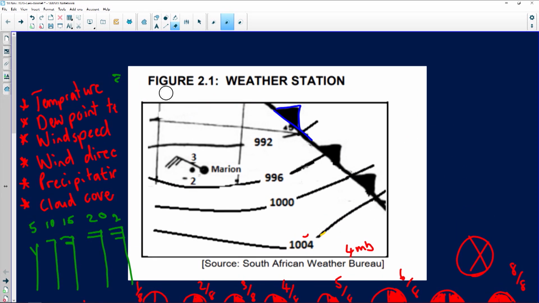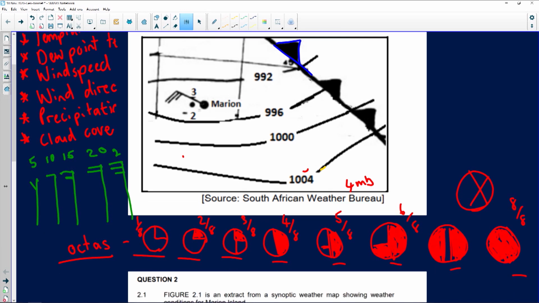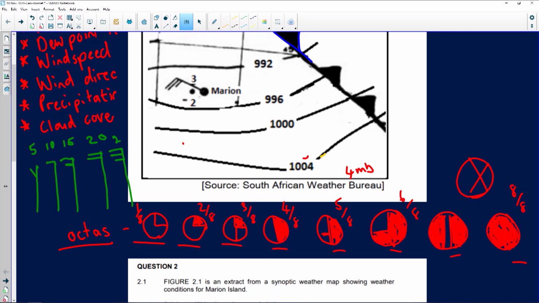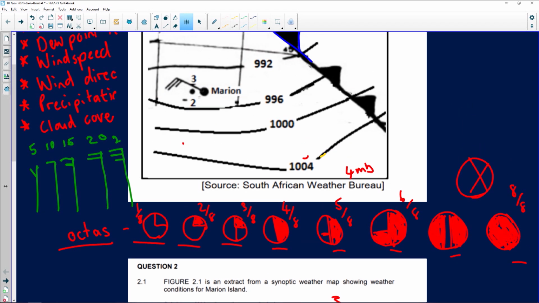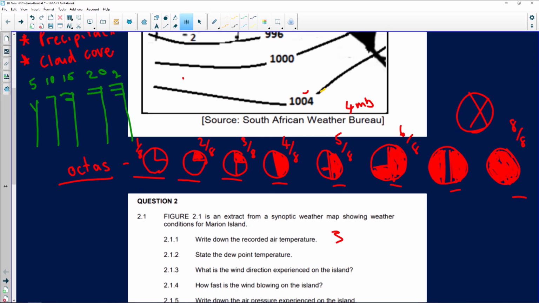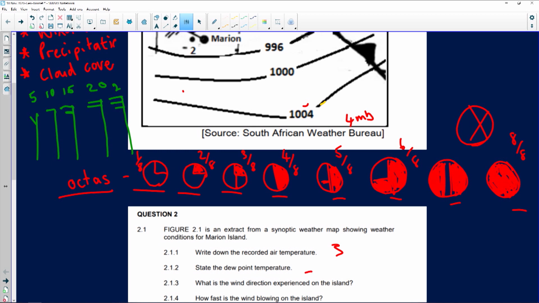If you look at it, what's our recorded temperature at the weather station model? It's going to be 3. Next question, state the dew point temperature. As you can see, bottom left-hand side corner, -2.